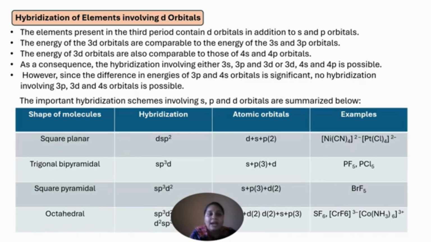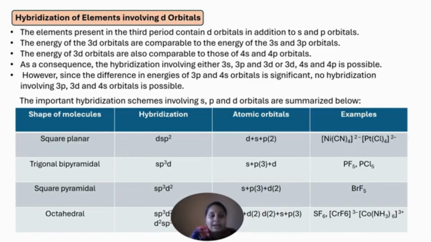As a result, hybridization involving 3s, 3p and 3d, or 4s, 4p and 4d is possible. The difference of energies between 3p and 4s is significant, so no hybridization involving 3p, 3d and 4s orbitals is possible.